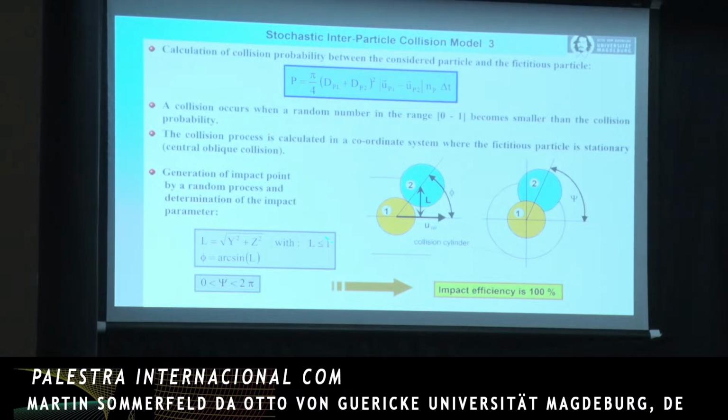So we have this collision cylinder and the transformation is that the relative velocity vector is aligned with the axis of the collision cylinder. So the collision point can be only on the front hemisphere of the second particle. This is again done by a random process, and then you have a collision location and you solve the impulse equation for an oblique collision of the particles. Okay, this is 100% impact efficient.